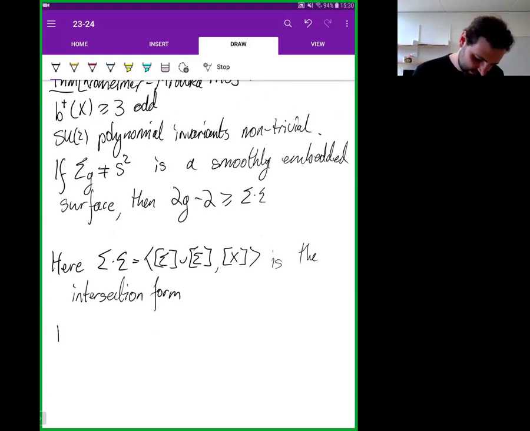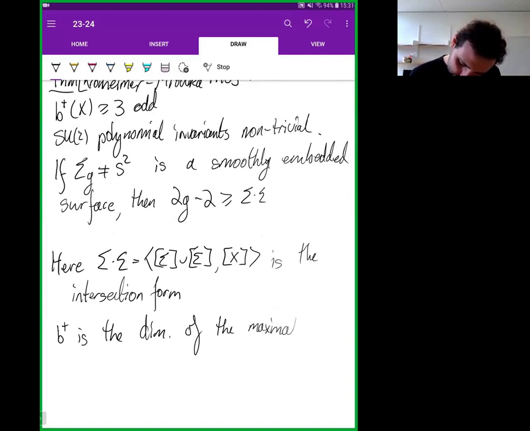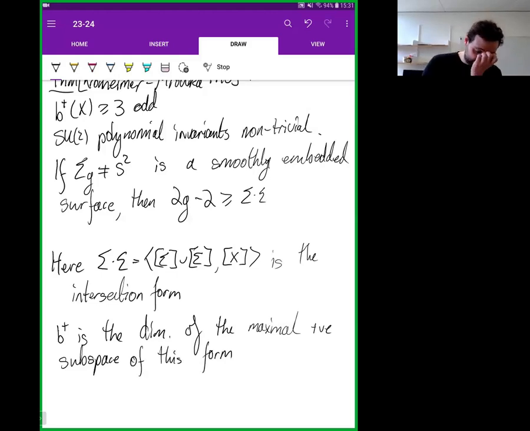And b plus is the dimension of the maximal positive subspace of this one. Okay, so that's pretty cool.